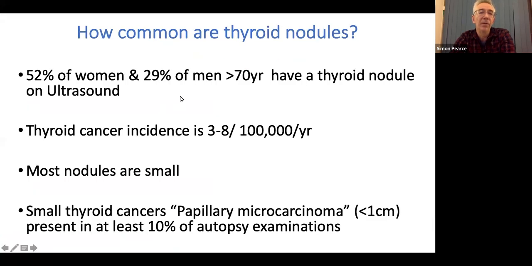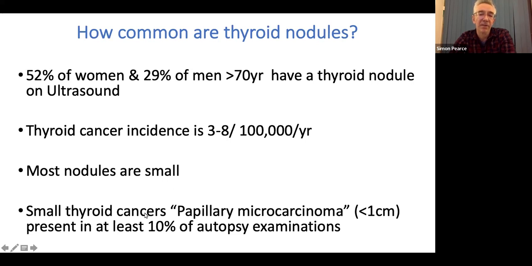So how common are thyroid nodules? Well, about 50% of women and 30% of men over 70 have nodules on ultrasound, but thyroid cancer incidence is really a lot less. So 95% of these roughly will be benign, and only small, so 3 to 8 in 100,000 patients per year. That's the number of fresh ones. Most nodules are small, as I've said.